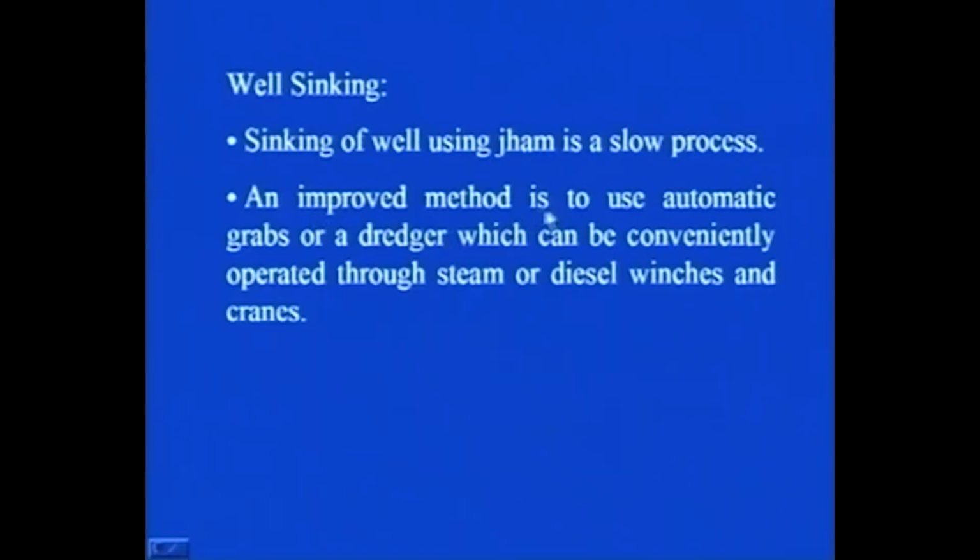An improved method is to use automatic grabs or a dredger, which can be conveniently operated through steam or diesel winches and cranes. These involve less manual effort and are more mechanical in nature. So, these enhance the process of sinking of the well.